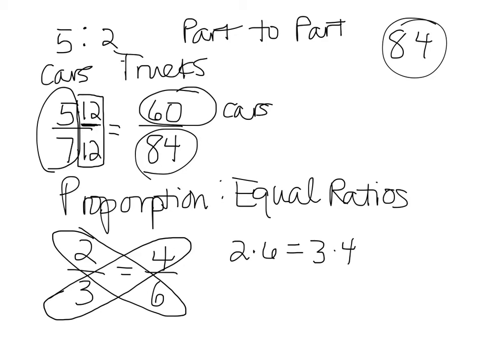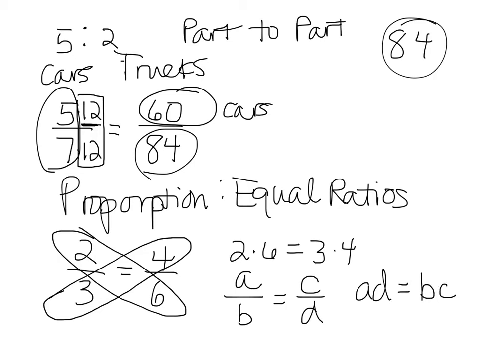In other words, if I have A over B equal to C over D, then A times D will always equal B times C. That has a name. It is called the law of proportions. It's not really important by name, but the reason it is important is to solve when we don't know exactly what a quantity is.